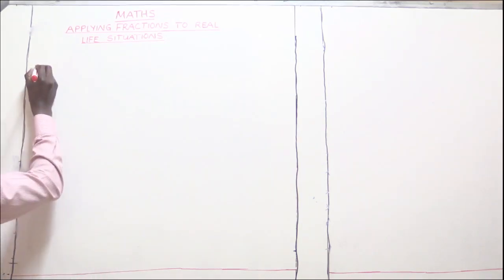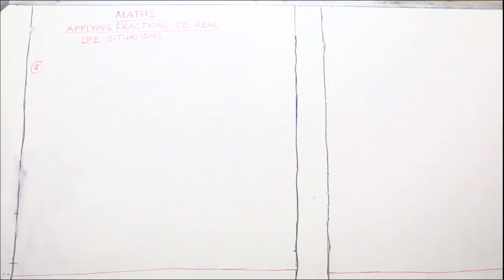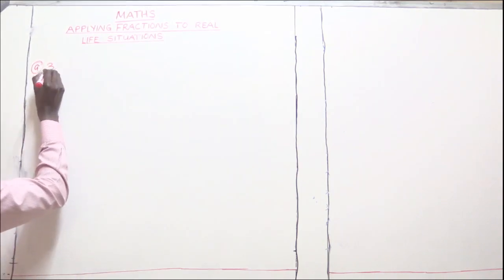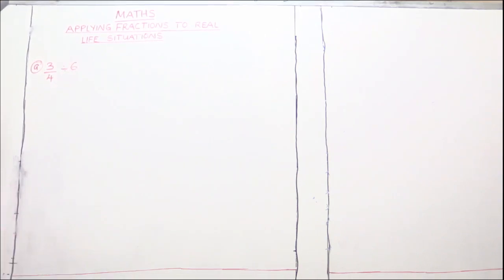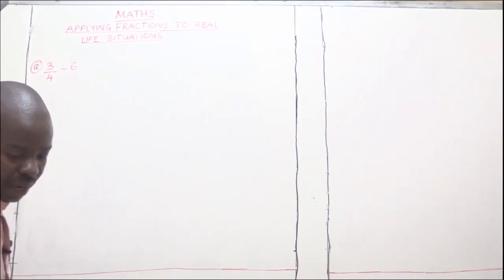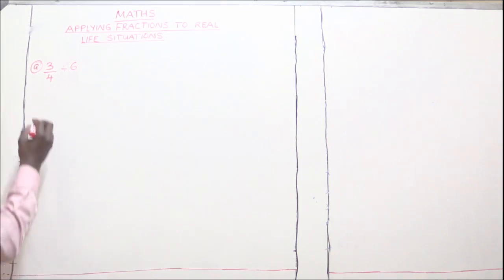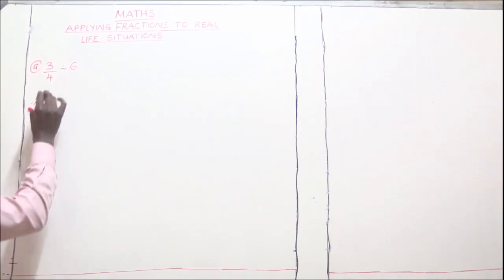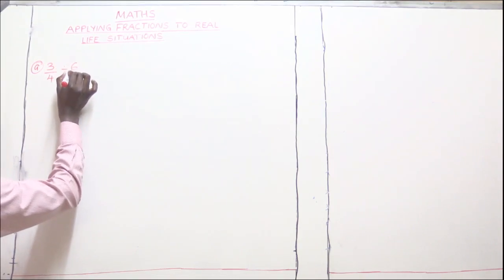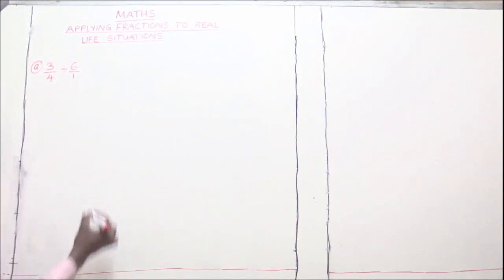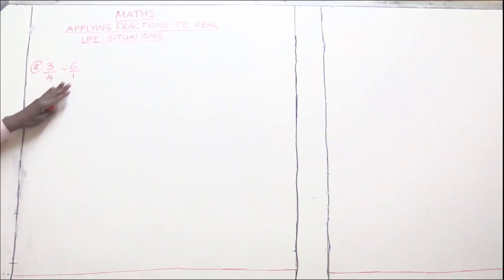So our first question was 3/4 divided by 6. I said you write 6/1, meaning that a whole number, you write it over 1.